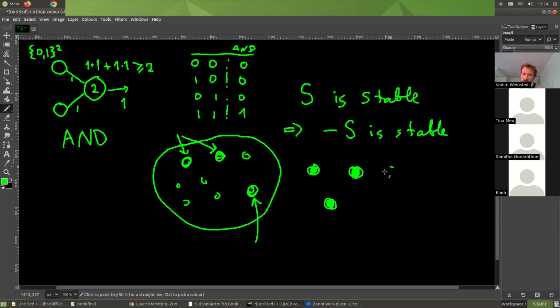So that means that if I have the same network, let's assume we have some weights, just so that the picture looks clearer. That means that if this is 1, then this should become 0 eventually.